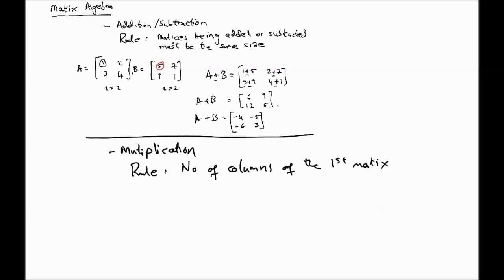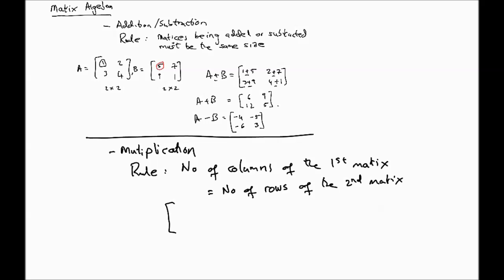It doesn't apply to A minus B. Remember, there'll be a sign change because it's subtraction. But anyway, the number of columns of the first matrix must be equal to the number of rows of the second matrix.